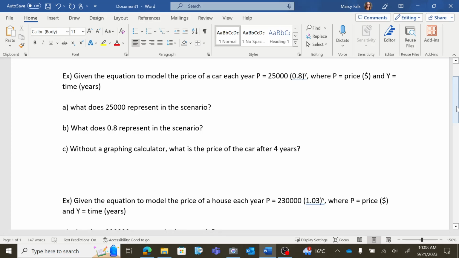Okay, here's an equation. The price equals 25,000 times 0.8 to the y, where P equals the price and y equals the years. What does the $25,000 represent? So it's modeling the price of a car. So what is $25,000 in this situation?